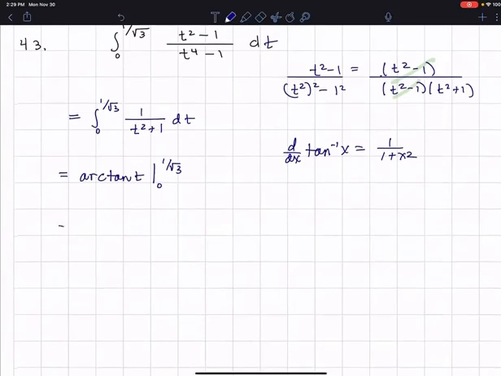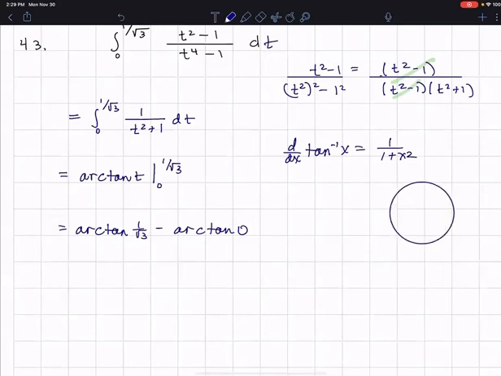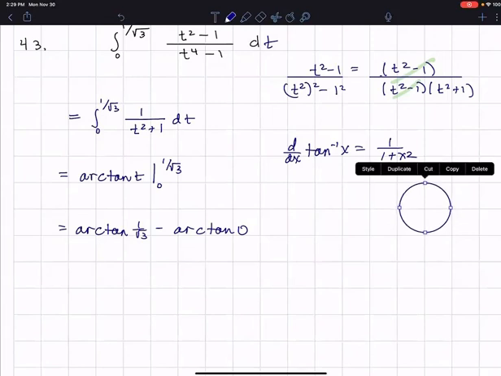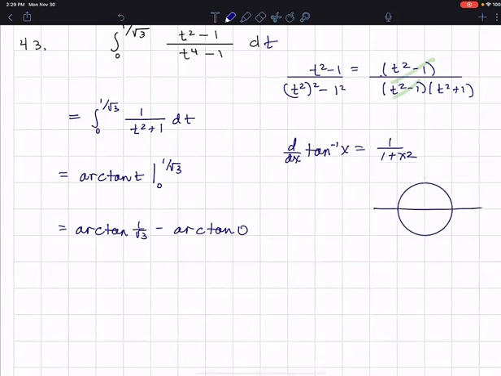And so this will give arctan 1 over rad 3 minus arctan 0. And maybe I'll do the low-hanging fruit first to get arctangent 0, which is much easier if you know that that's just equal to 0, because tangent 0 is 0. But I'm going to just reinforce that. So tangent 0 is equal to 0 over 1, which is equal to 0. Okay, so this is equal to 0.